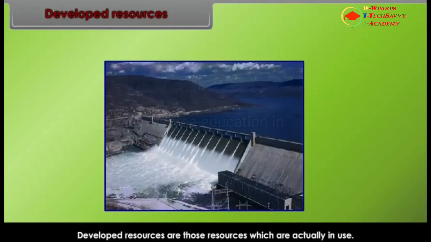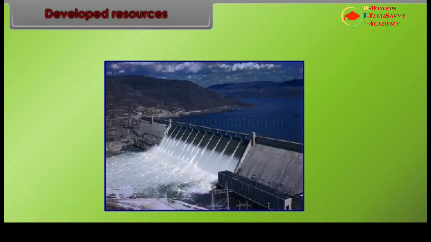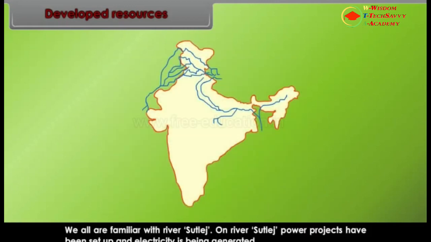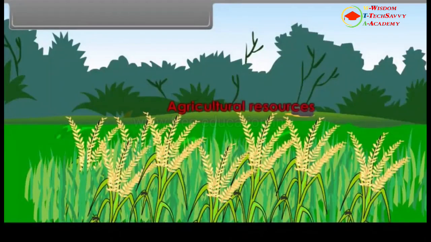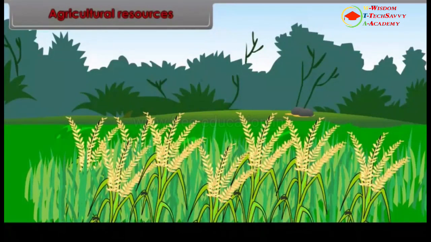Developed resources. Developed resources are those resources which are actually in use. Now, let us take an example. We all are familiar with River Sutlej. On River Sutlej, power projects have been set up and electricity is being generated. Now, this has become a developed resource. Agricultural resources.